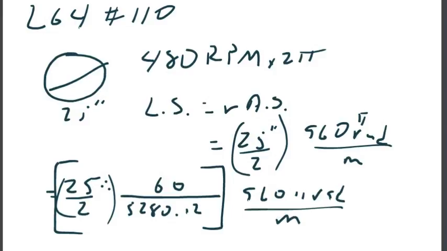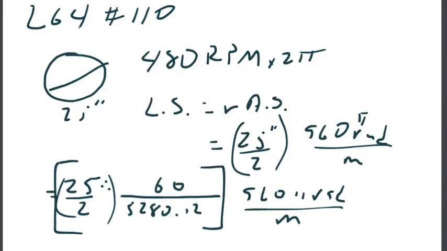Okay, so this is the radius. This is converting inches of radius to miles, right? So we're dividing by feet in a mile and inches per foot. We're converting minutes to hours by multiplying by 60.